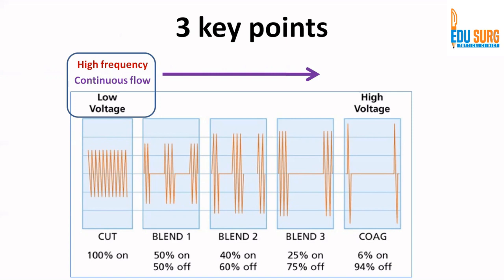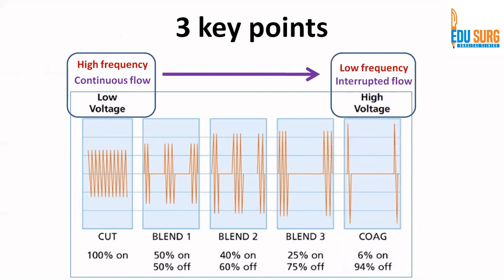And when you have, on the other hand, at the extreme right, high voltage, but very low frequency and highly interrupted flow, the cautery setting is known as COAG, right? So this is how you have to understand this chart.